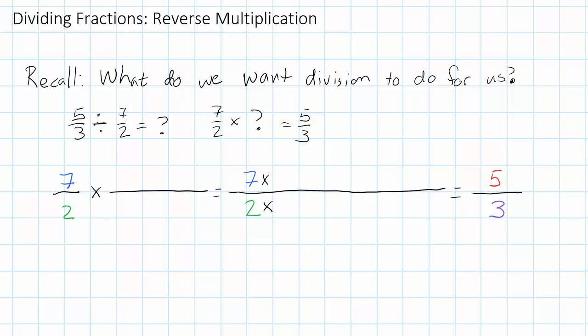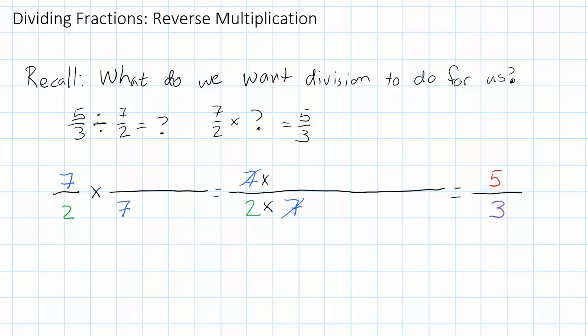Now, 7 is a factor of this numerator now, but 7 is not a factor of 5. So it must be the case that when we do our multiplication, we get a 7 in the denominator, and the 7's cancel. Well, 7 is different from 2, so 7 must have been in the denominator of our unknown fraction.